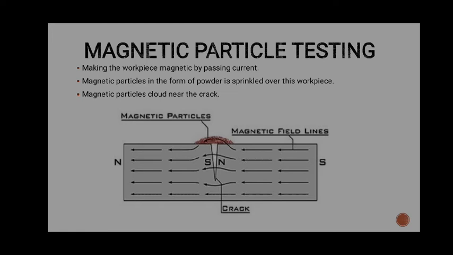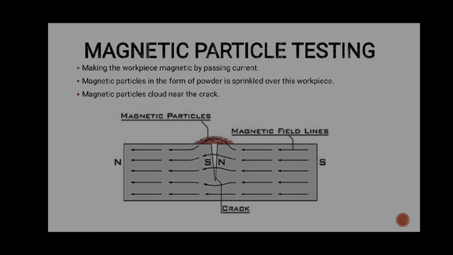While the workpiece is being magnetized, magnetic particles in the form of powder, most commonly we are using iron powder, is sprinkled over this workpiece. Then the excess powder is removed. But some of the powder remains in the workpiece where magnetic poles are present, that is at the crack.